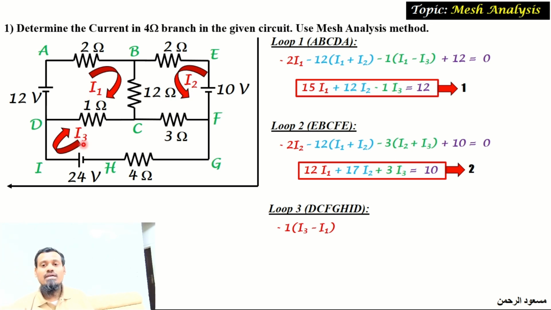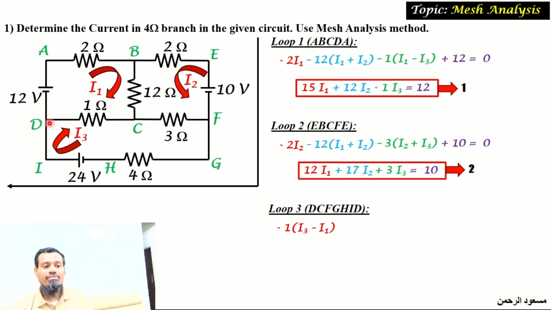So assume I3 is greater than I1. Since these two are opposite, the current through the 1 ohm is I3 minus I1. Don't write it as I1 minus I3; it should be I3 minus I1. Since the travel direction and the current direction are same, it is a potential drop of minus 1 times I3 minus I1.